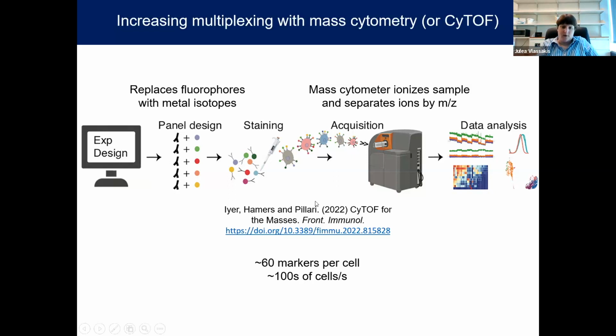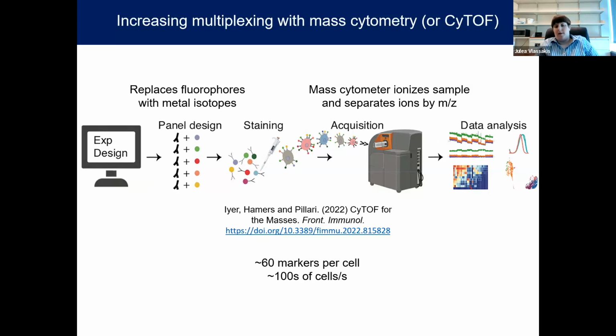This is a great review paper for those of you interested in learning more about the fundamentals of CyTOF. But the bottom line is that you can expect to measure about 60 markers per cell. You'll see papers that claim more, but in terms of what is practically achievable with commercially available materials, anticipate around 60.